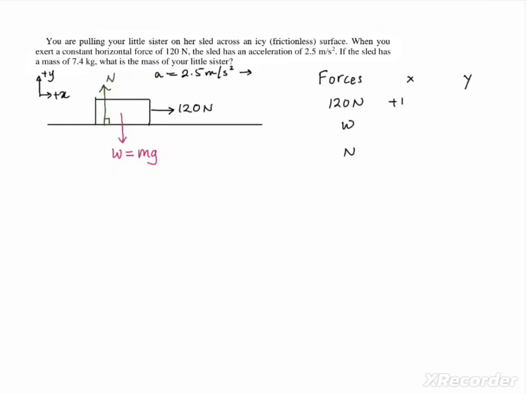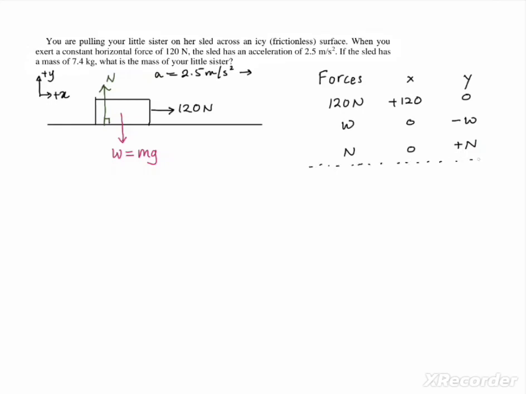So we have positive 120 for x component, 0 for y component. And for the weight, we don't have a component in the x direction, but we have one in the y direction. But it is negative because W is pointed downwards. So let's just write negative W. And then normal force, again, we don't have an x component, but we have a y component which is positive.